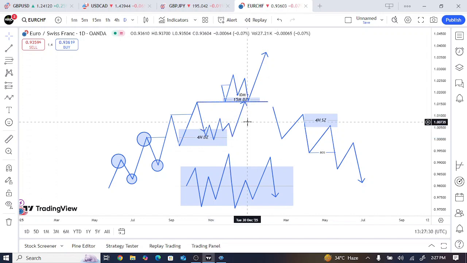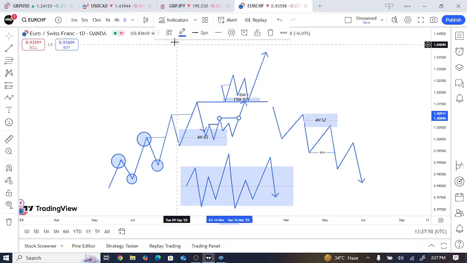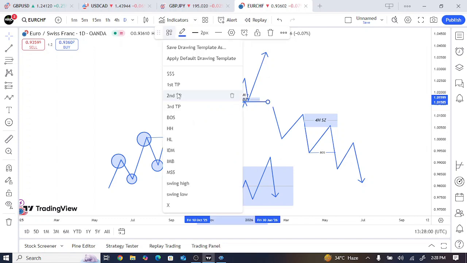I believe it looks exactly like this one I drew here. So our first TP will be the 15-minute high. That means here, this is our first take profit. Our second TP will be this high.